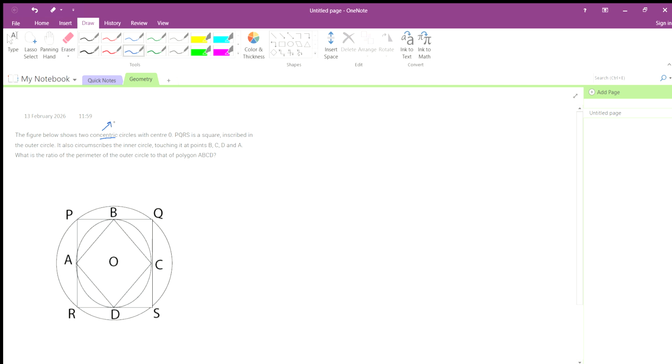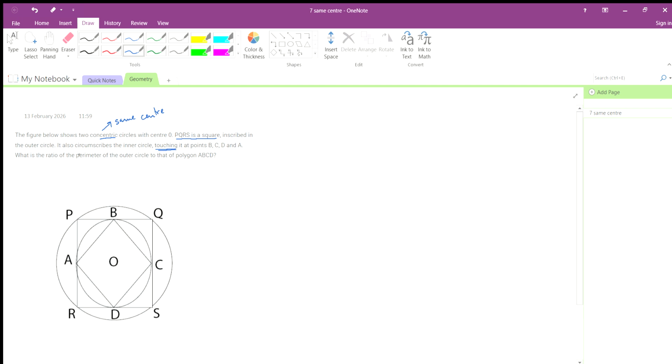So concentric circles are the circles that have the same center. PQRS is a square. This is a very important information inscribed in the outer circle. It also circumscribes the inner circle, touching it at points A, B, C, and D. This is also important. Touching.